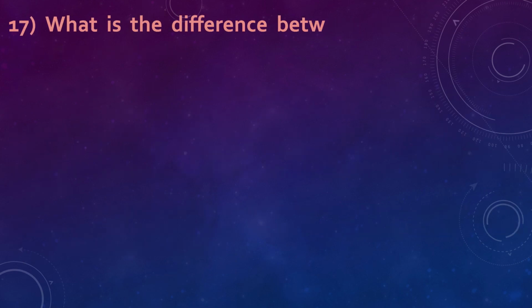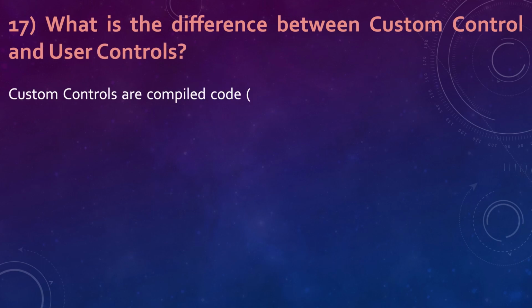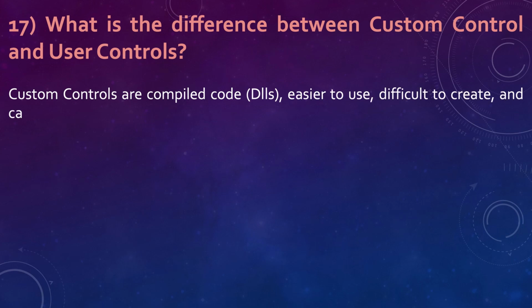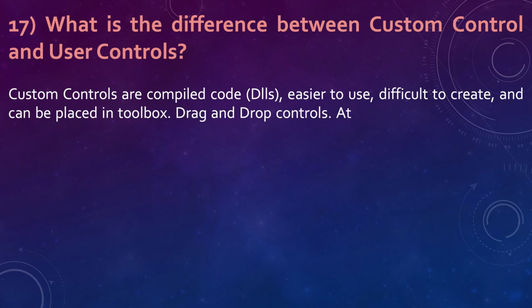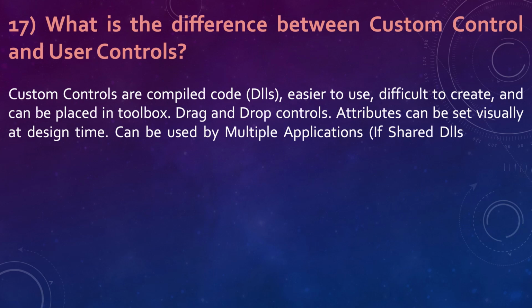What is the difference between custom control and user control? Custom controls are compiled code, easier to use, difficult to create, and can be placed in the toolbox. Drag and drop controls; attributes can be set visually at design time. Can be used by multiple applications if shared.